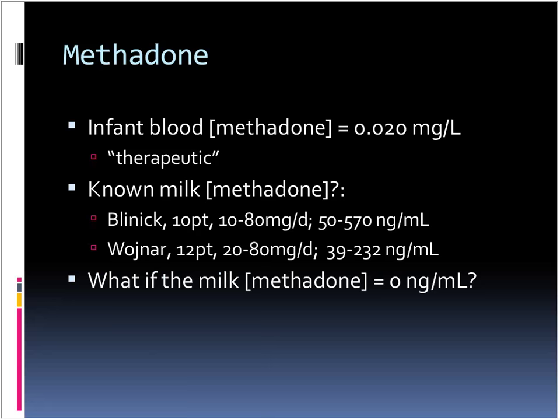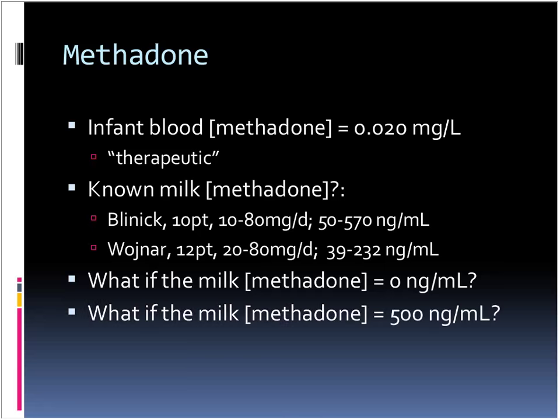Either the child found methadone, or the parents gave the child methadone, or there have been cases of older children feeding younger children methadone or other medications. So more of an evaluation and investigation needs to happen, but this did not happen from breast milk. What if the milk concentration is very high? Well, then it certainly is consistent with the literature that we know.